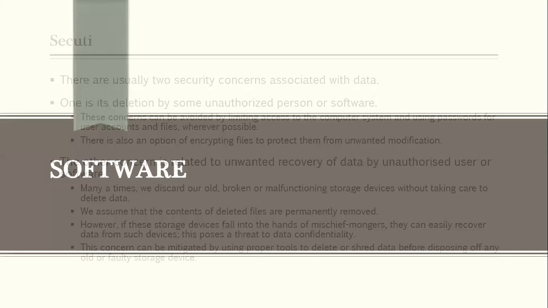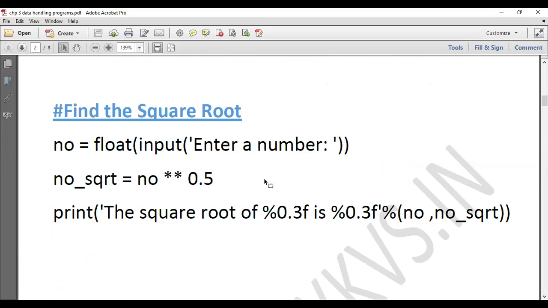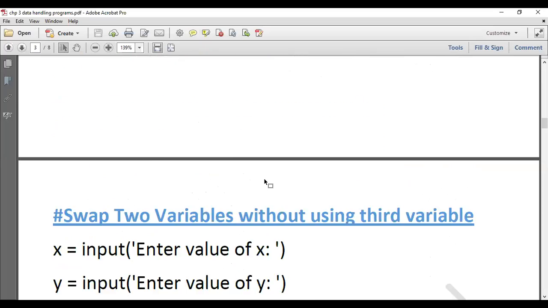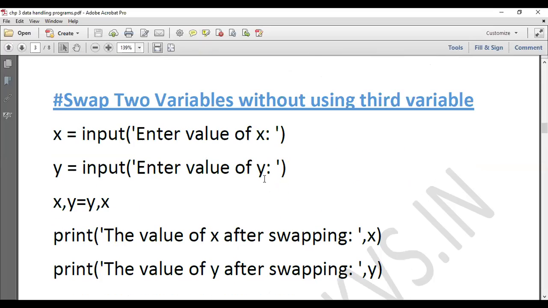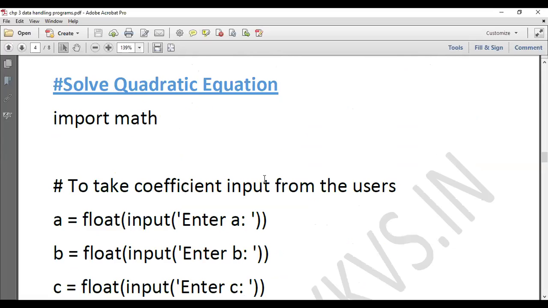All right, so we will do software tomorrow. Now I want you all to do some programs. We've done hello world, adding two numbers, find square root, swap variables with a third variable, swap variables without a third variable, generate a random number.